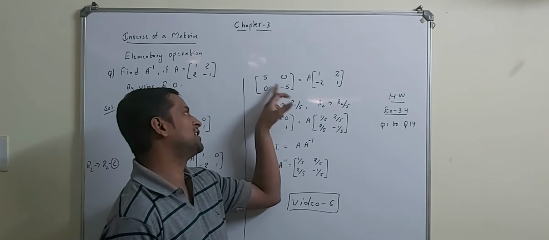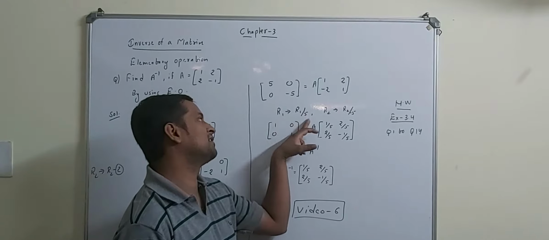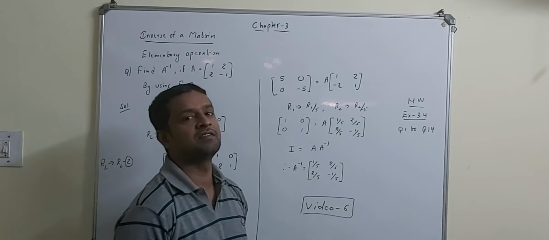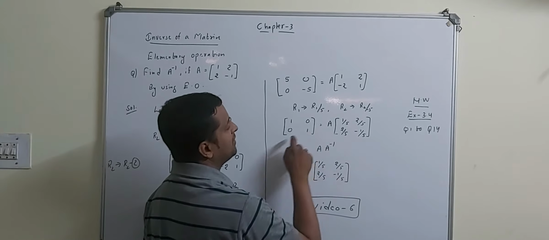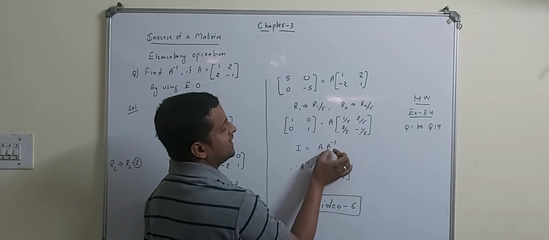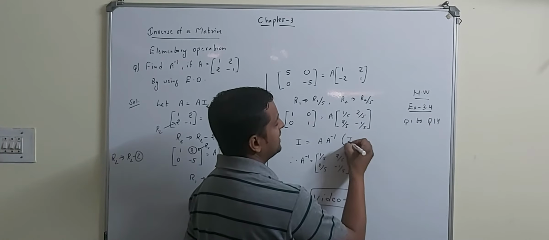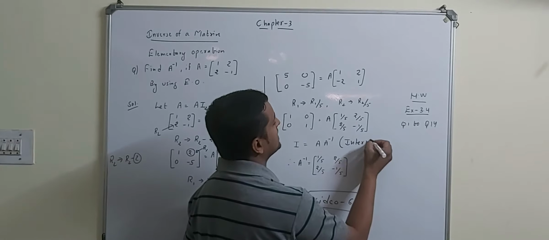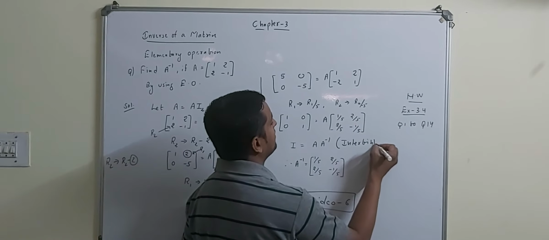Your target is to convert these two terms to 1. So how to convert this term to 1? R1 tends to R1 by 5 and R2 tends to R2 by minus 5. So simply R1 all the elements divided by 5, R2 all the elements divided by minus 5. So this is the identity matrix and this is the inverse. Okay. So one definition is there, invertible matrix. When a doubt is there, then at that time I will explain this invertible matrix.